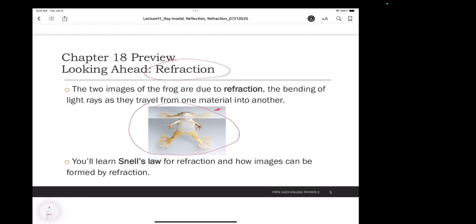Here is air, here is water, and the light from the air to the water will have the refraction phenomenon. So sometimes the image seems weird to you. You will learn Snell's law for refraction and how images can be formed by refraction.